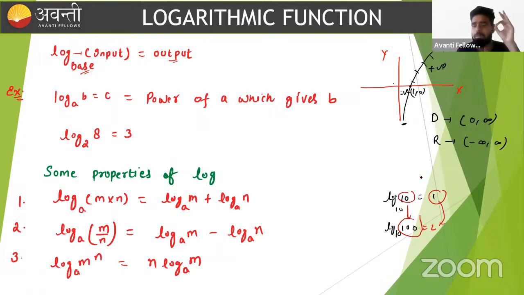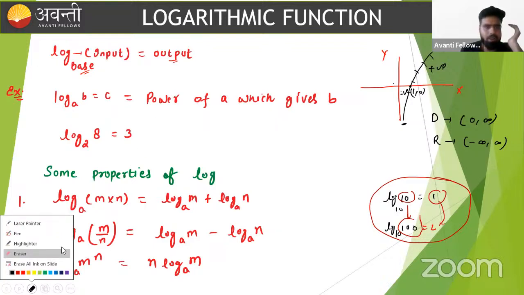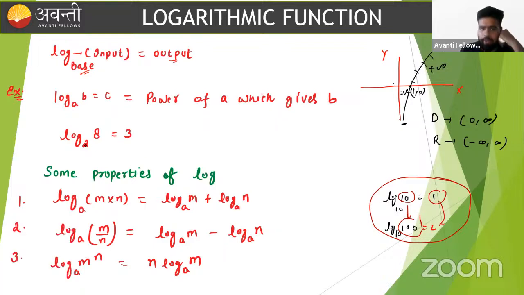I think we can feel this. And beta, this is such a magic. Let's understand with an example. Suppose whenever we want to find the output of a log, how can we find it? Let's see, beta. To what power should we raise the base so that we get the input?